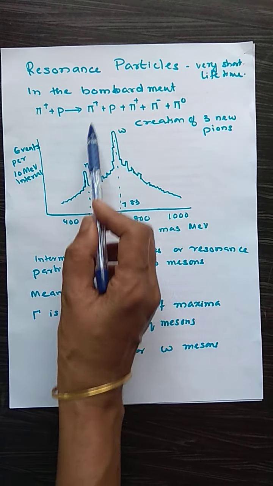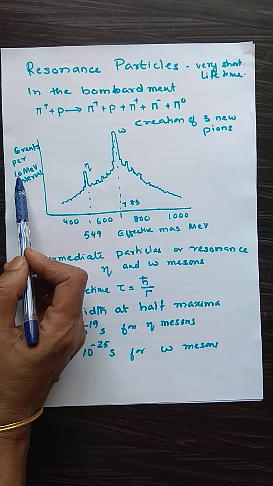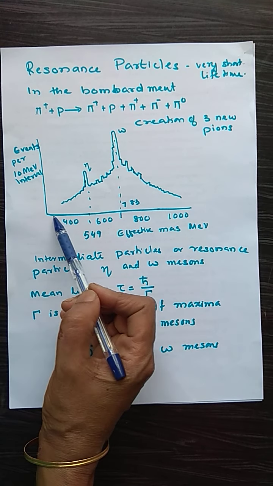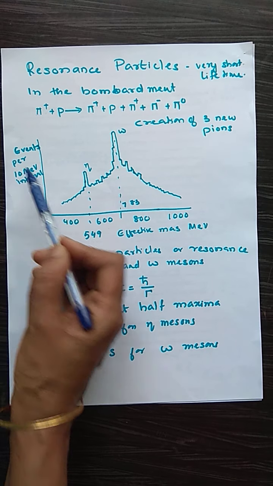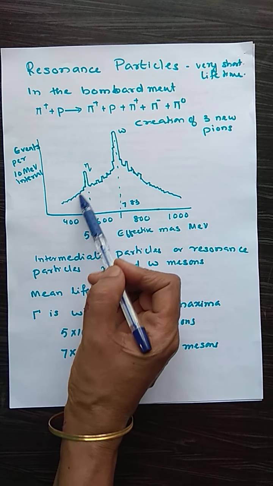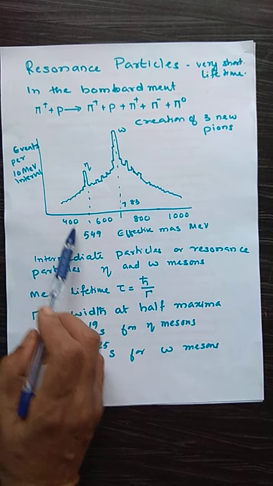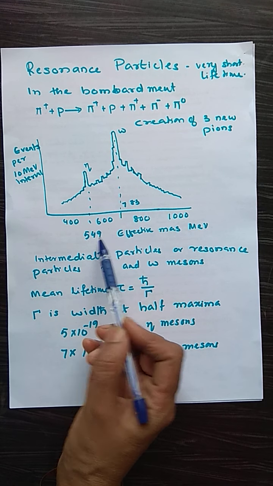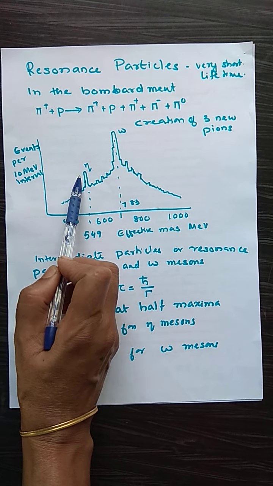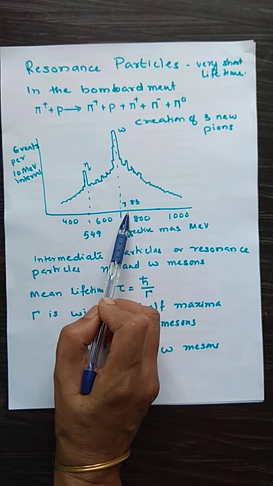If you look at this bombardment event, the number of events per 10 MeV interval, where 10 MeV is the energy, and plot the number of events with respect to energy, you can see that there is a peak at about 549 MeV and 783 MeV. That means there are more particles in this region, in this energy and this energy.